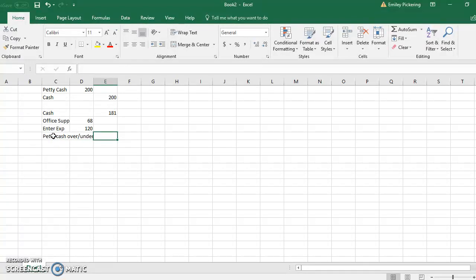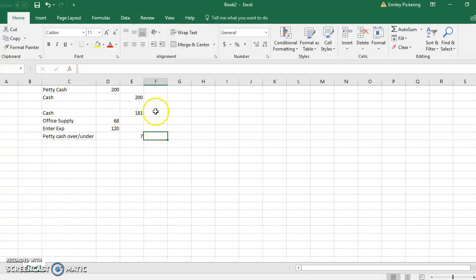Regardless of whether it's too much or too little, you still put it in the same account because theoretically it should wash out. So we said that was $7, right? So now we should have 188 in each account. And we do. So this is how I'm going to reconcile my petty cash fund.